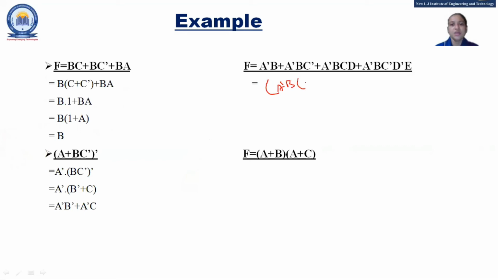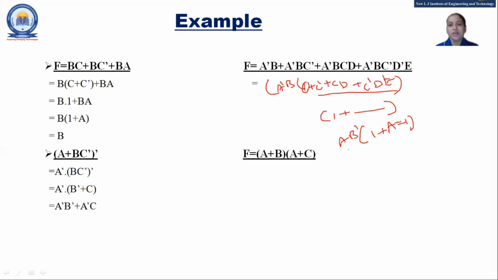A dash B. Here what is left? 1 plus C dash plus CD plus C dash D dash E. Now if we consider this as 1 and this as one variable, the expression becomes 1 plus something, and we know 1 plus A is equal to 1, and here we have AB dash, so the result is AB dash for this whole complex equation.